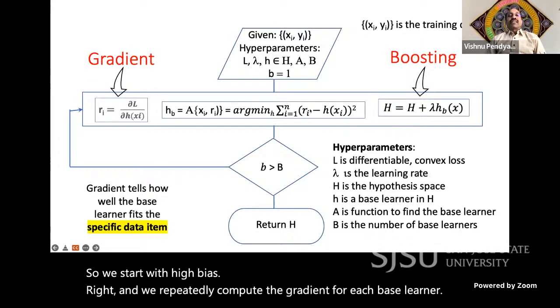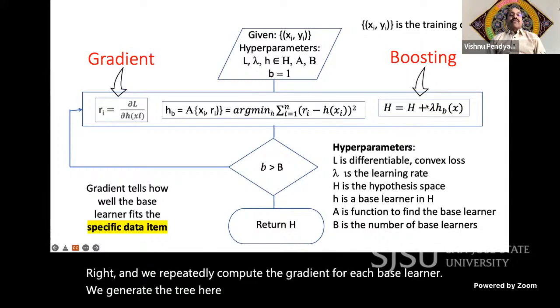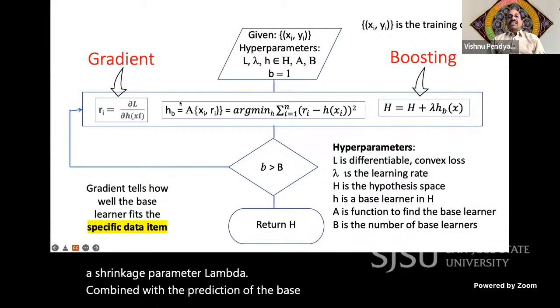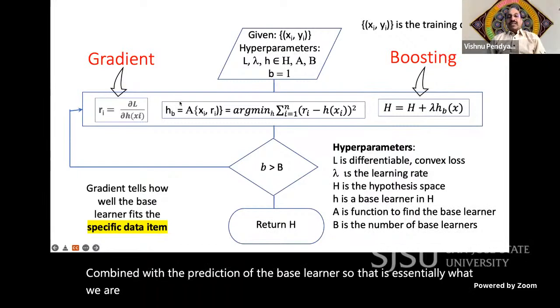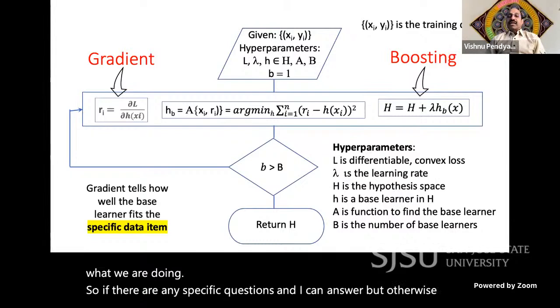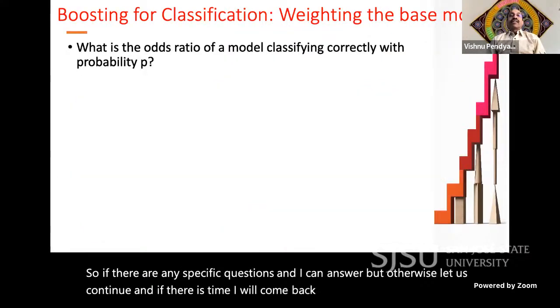We generate the tree, and then we boost our prediction each time by a shrinkage parameter lambda combined with the prediction of the base learner. So that is essentially what we are doing. If there are any specific questions, I can answer, but otherwise, let us continue. And if there is time, I will come back and give an overall recap of the whole thing again.